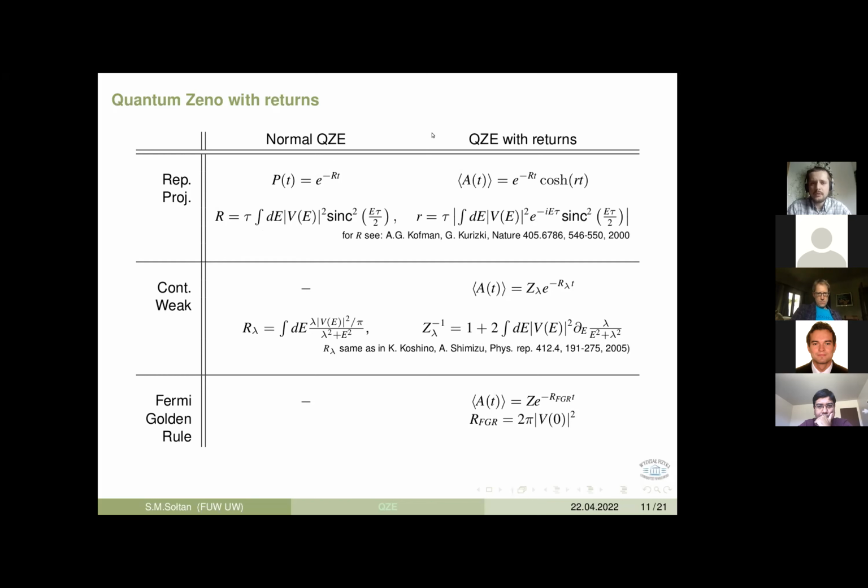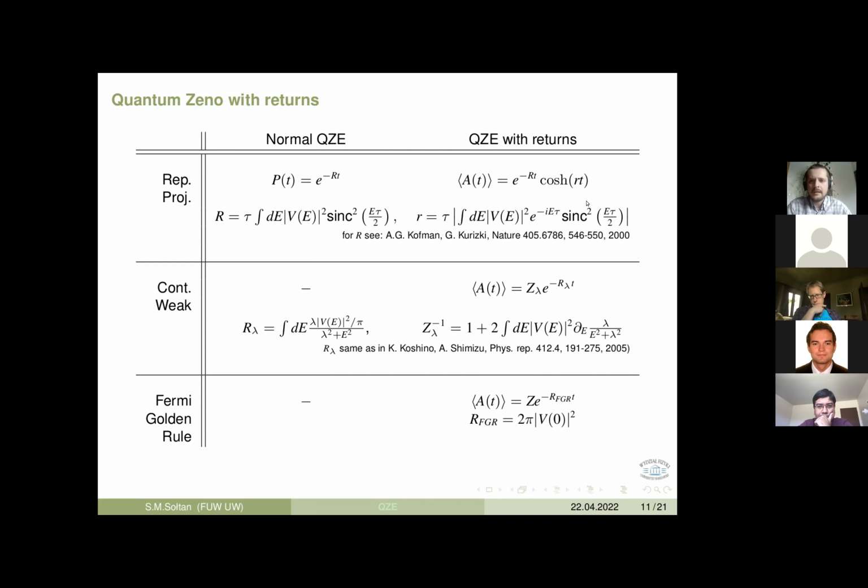And when I perform the same analysis in the case in which we ignore the results but still perform the measurements, for some reason I called it quantum Zeno effect with returns, because the system could, in principle, collapse due to measurement and then go back.